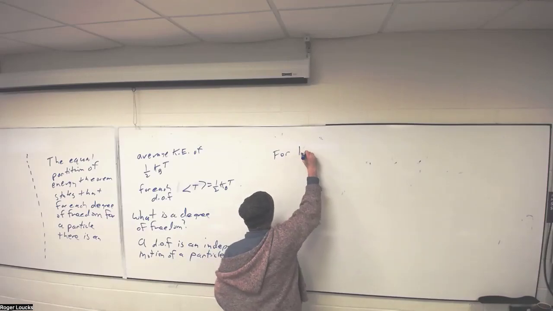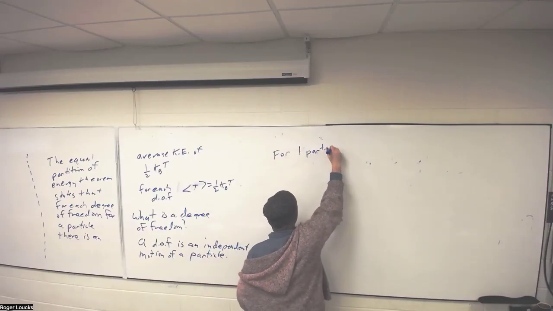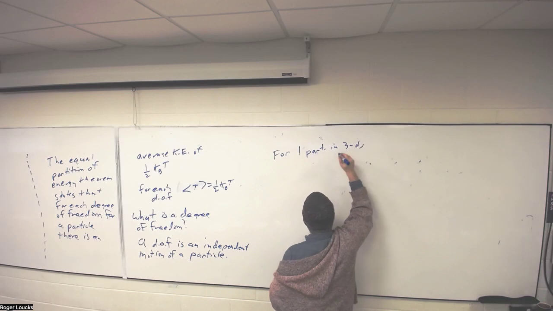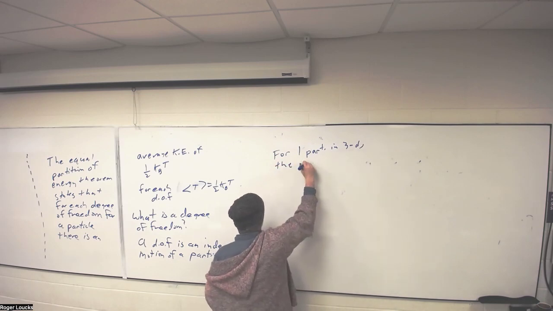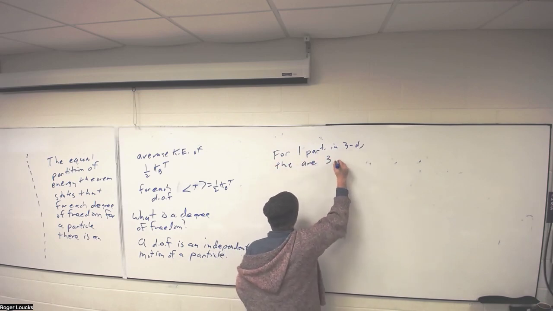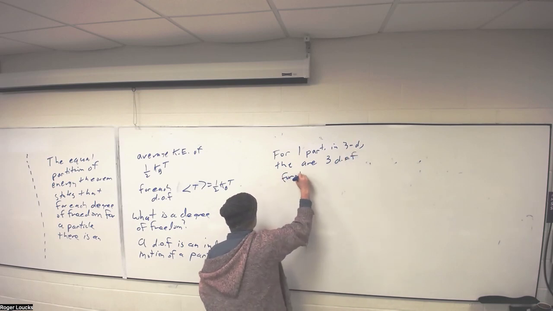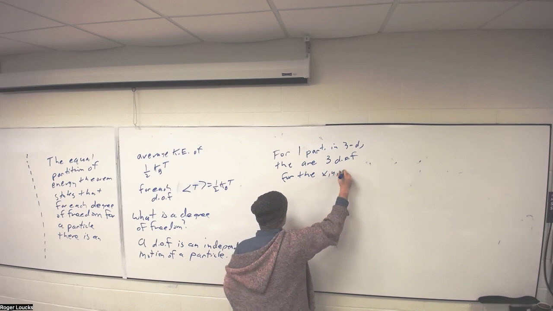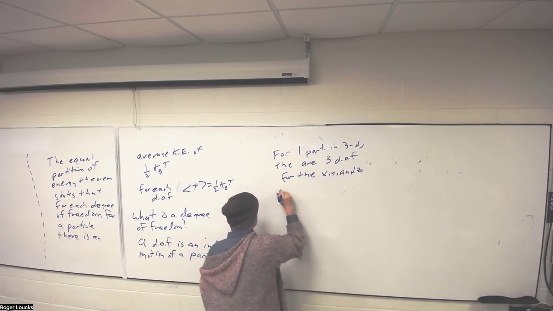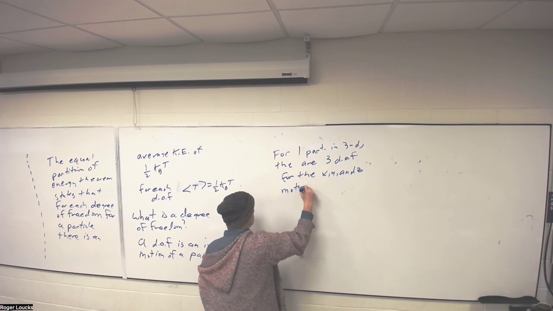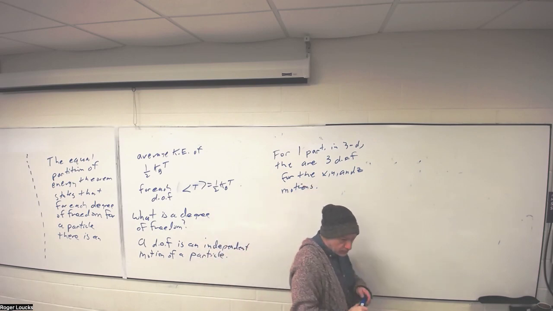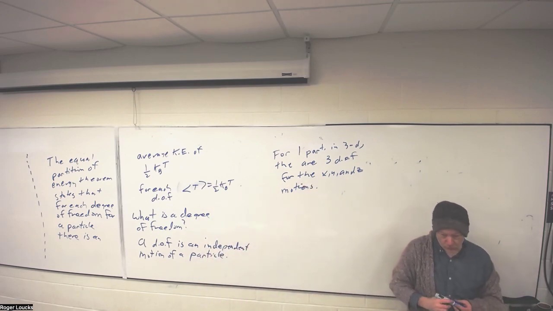For one particle in 3D, there are 3 degrees of freedom for X, Y, Z motions. That's the degree of freedom.